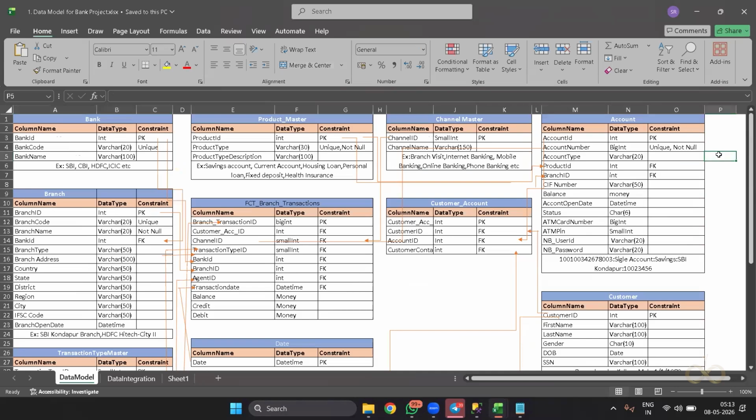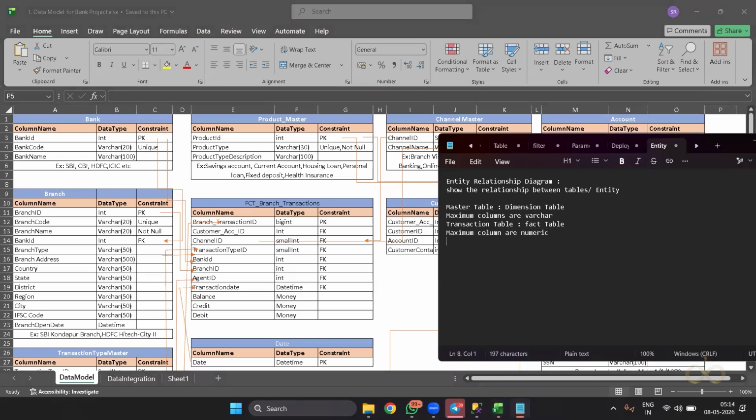So whenever we work on any project from scratch, we always create the master tables first.